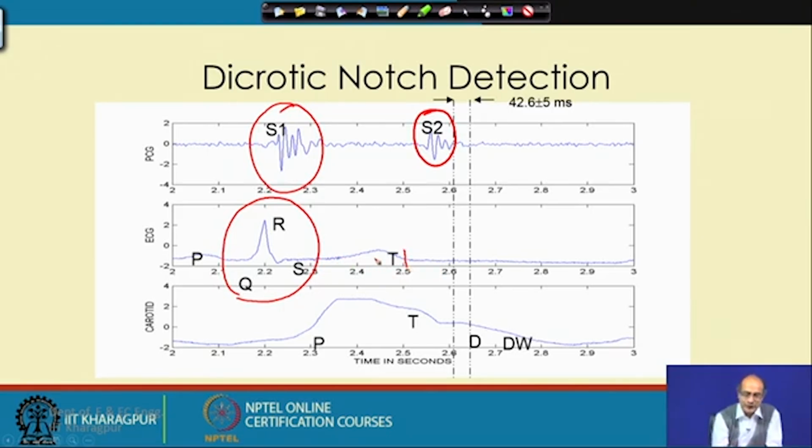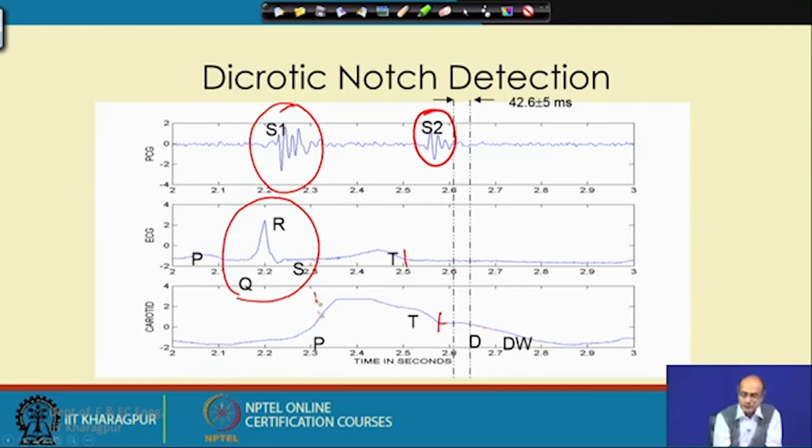So, instead of looking at the ECG, from where you cannot get the boundary of the end of the T signal, we go for the carotid pulse signal. After the QRS complex, the pressure is increasing, and when the valve is closed, there is a sudden dip in the pressure. Again, as the valve is closed, the pressure remains constant and slowly goes down.